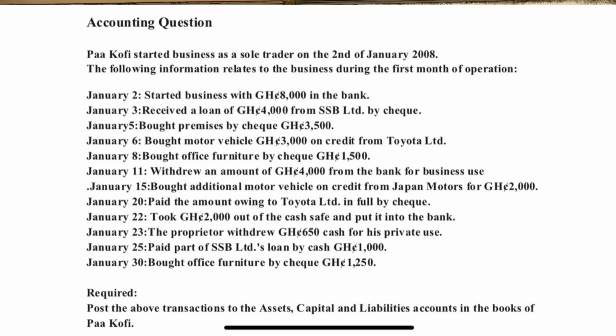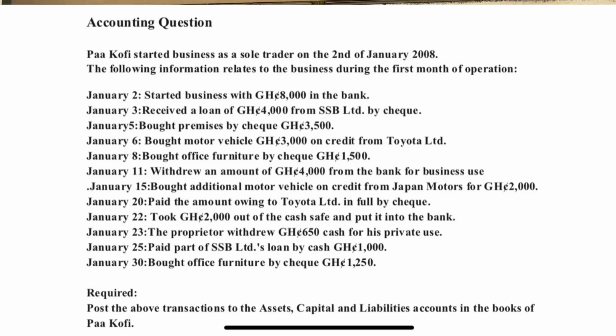On the 11th of January, withdrew 4,000 Ghana cedis from the bank for business use. On the 15th of January, bought an additional motor vehicle on credit from Japan Motors for 2,000 Ghana cedis. On the 20th of January, paid the amount owing to Toyota Limited in full by cheque. On the 22nd of January, took 2,000 Ghana cedis out of the cash safe and put it into the bank.